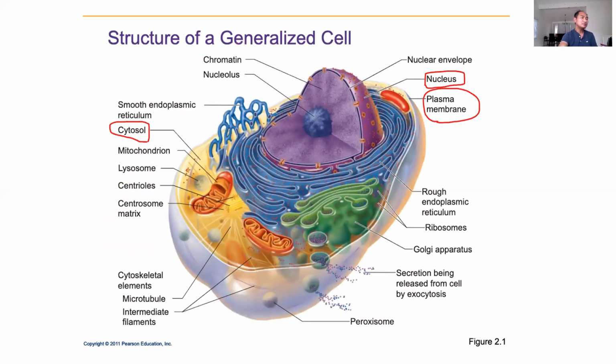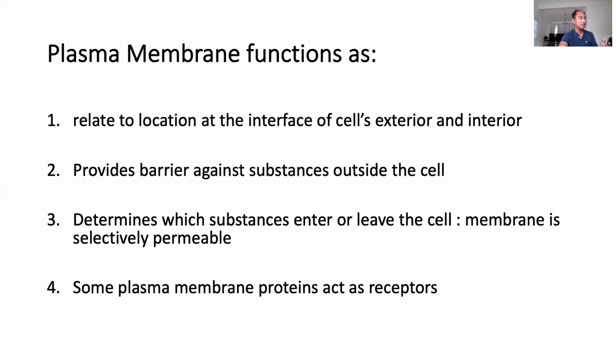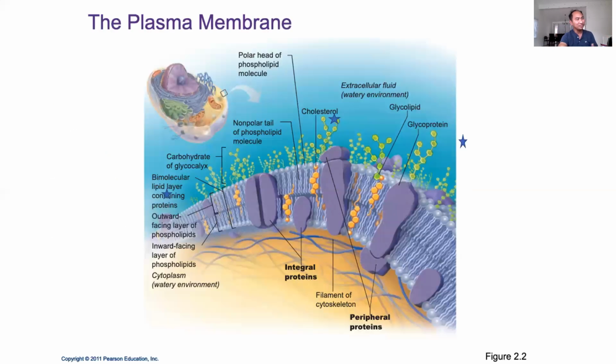So yes, I believe we all remember cells already, and I'm not going to explain a lot about the cell and its contents and plasma membrane function. This diagram is a very nice diagram, showing the plasma membrane, which is made of phospholipid bilayers.